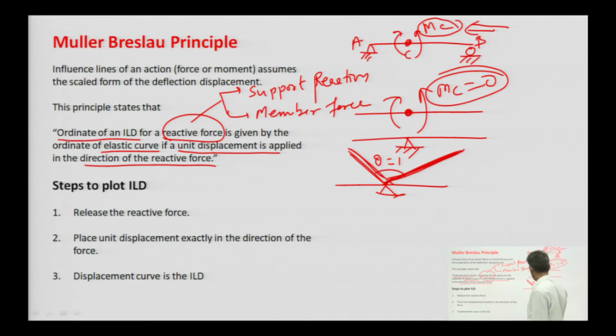Suppose in the same beam, at this point, shear force is acting, and we have to provide the unit displacement in the direction of that shear force.